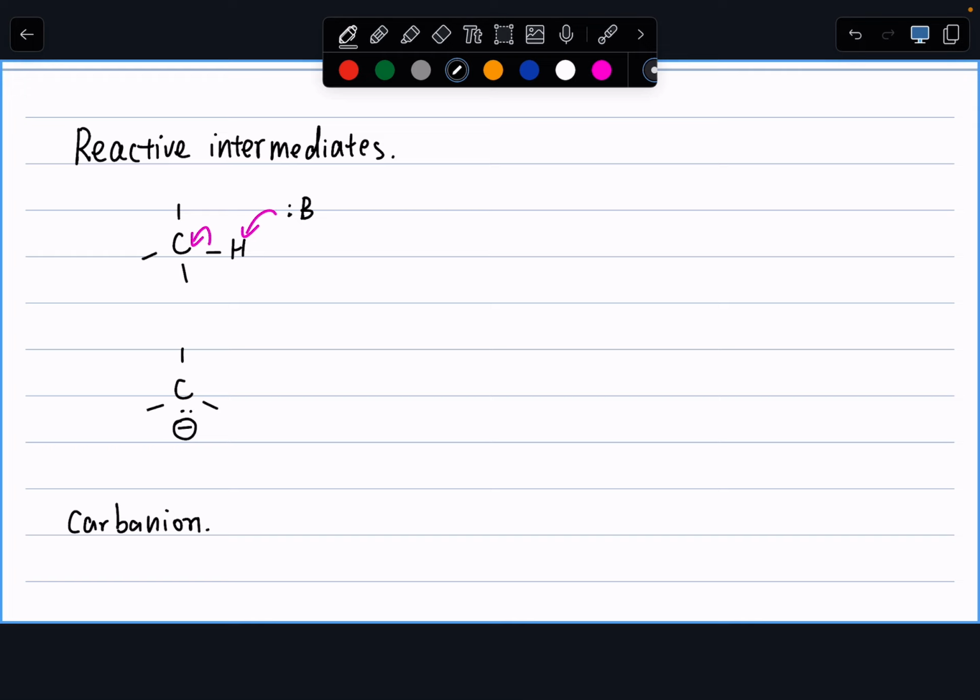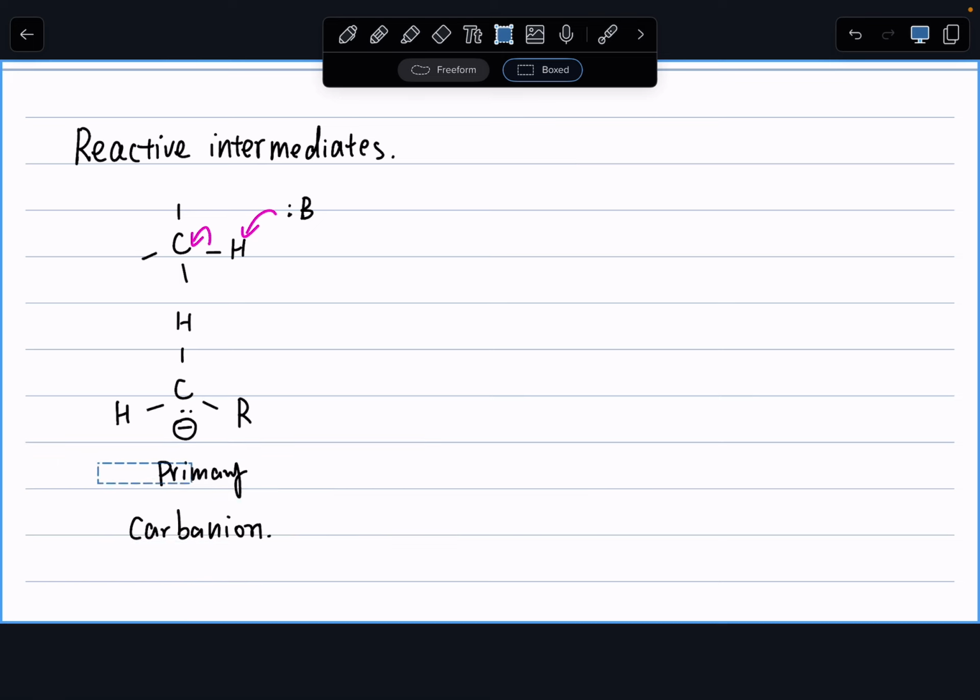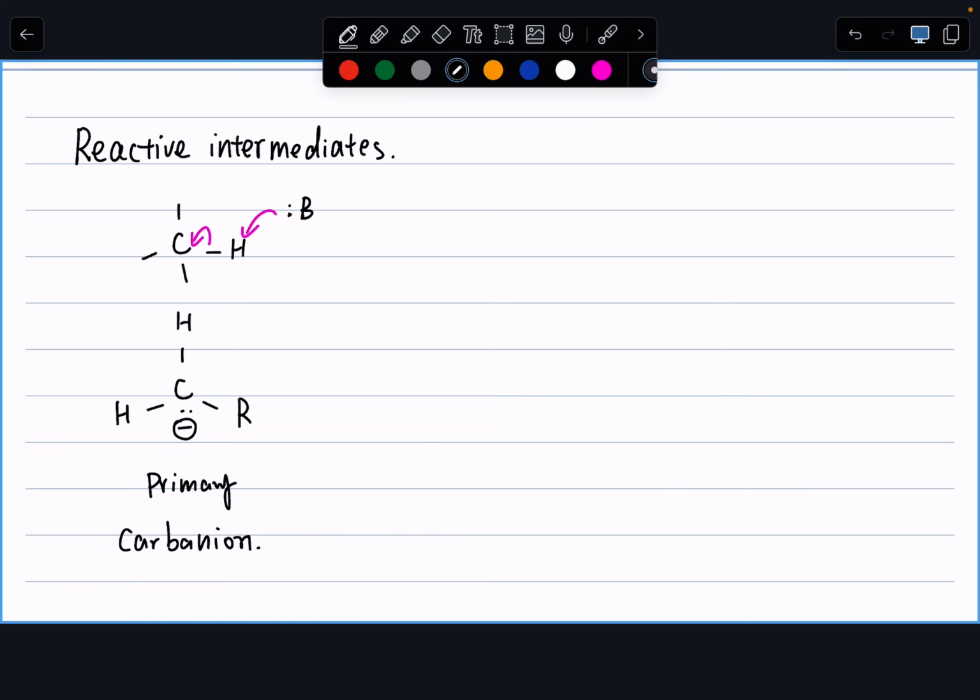Depending on what things are attached to the carbanion carbon, we have different names for these carbanions. If you have 2 hydrogens and 1 R group, R being any kind of alkyl group, we call it a primary carbanion, since you only have 1 R group attached to the carbanion carbon.